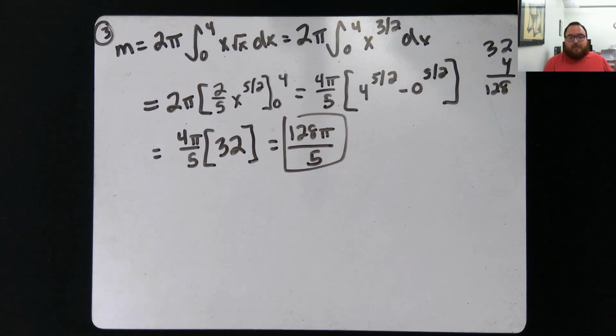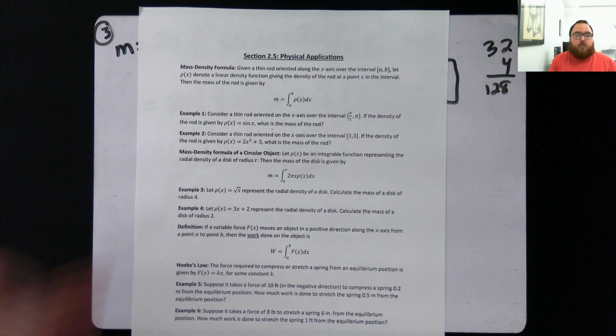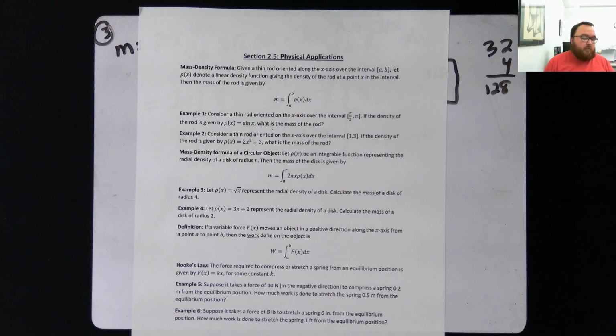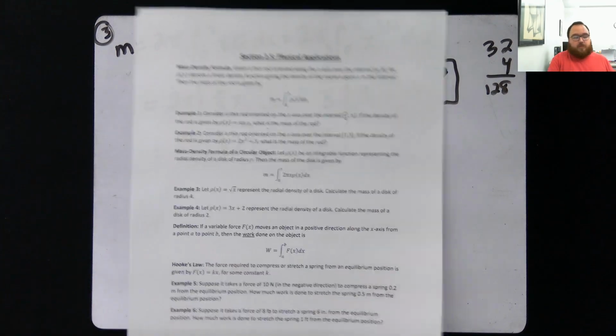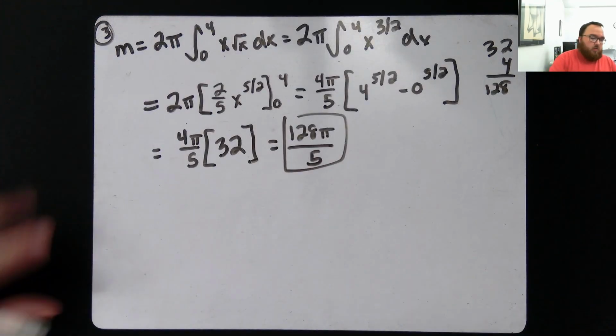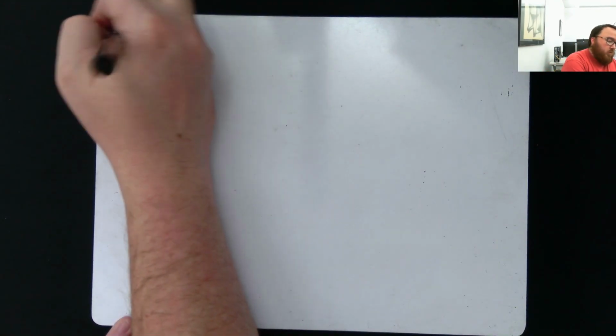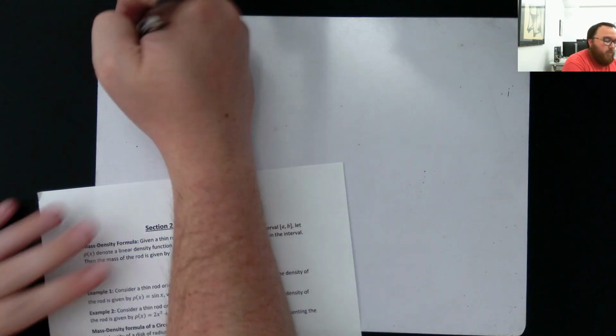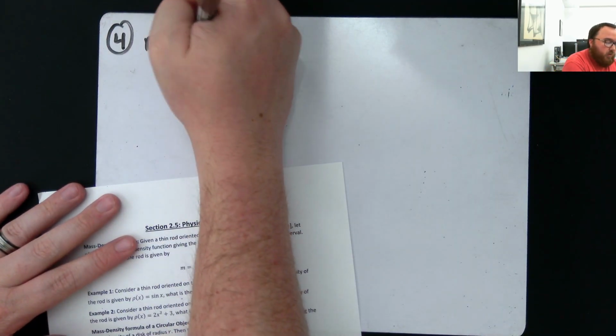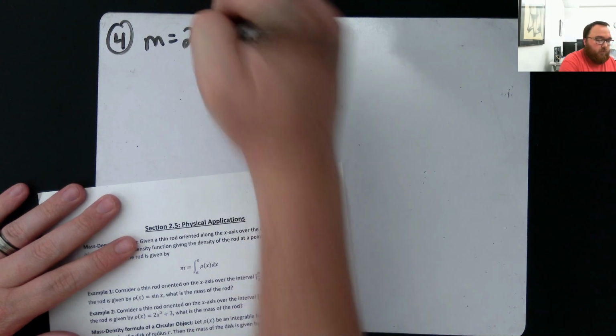Again, this is exactly like what we did with the shell method, the same exact thoughts. So I'm going to do it again. For example number 4, let rho of x be equal to 3x plus 2, and I want you to find the mass when the radius is 2. Same idea. Mass is going to be equal to 2 pi integral 0 to the radius.